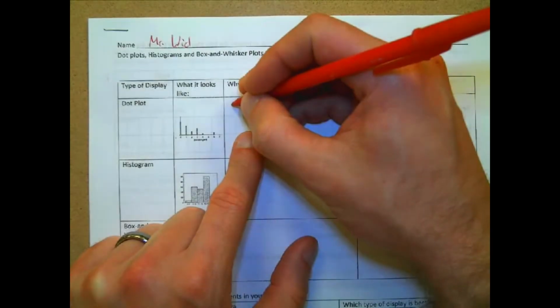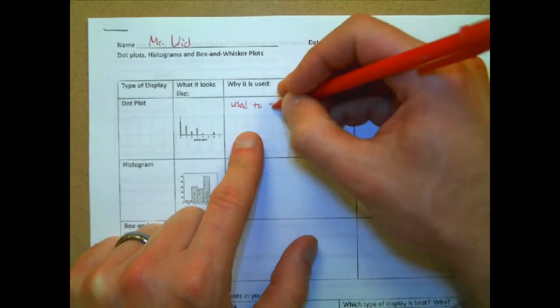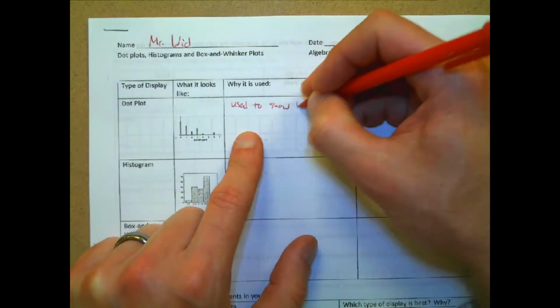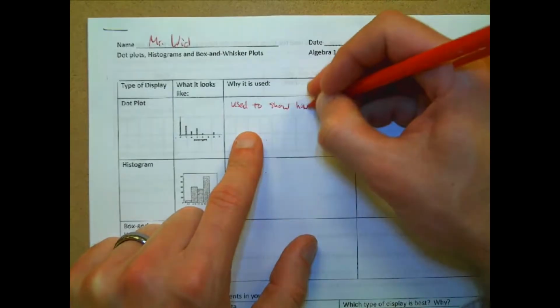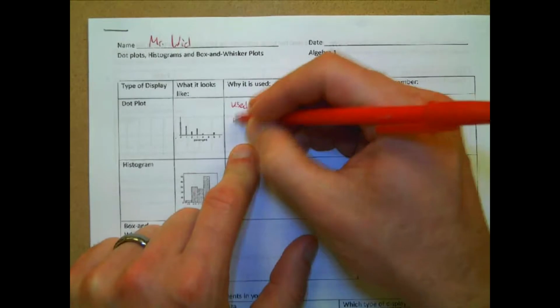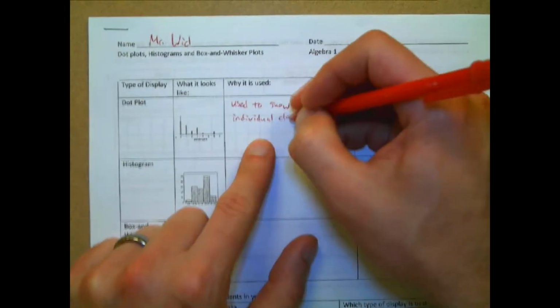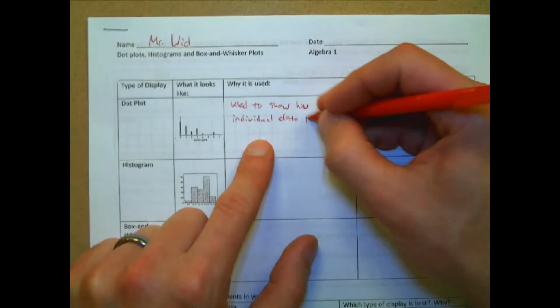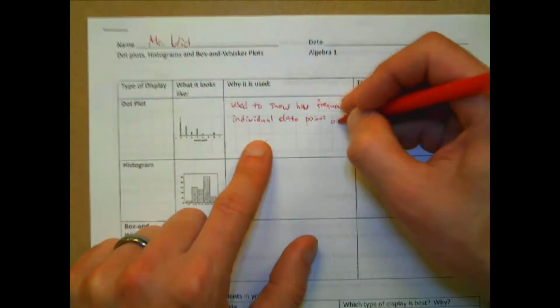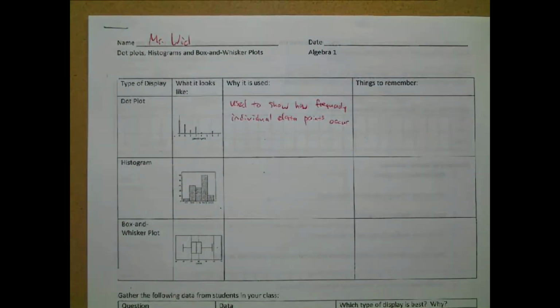It is used to show how frequently individual data points occur. Okay, it's used to show how frequently individual data points occur.